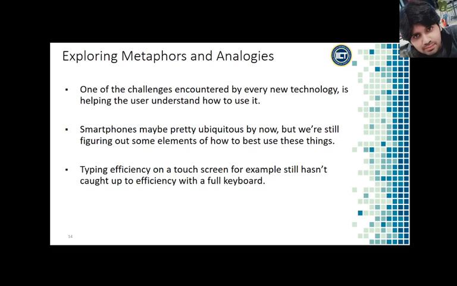So let's have a look at the exploration of metaphors and analogies. One of the challenges encountered by every new technology is helping the user understand how to use it. Smartphones may be pretty ubiquitous by now, but we are still figuring out some elements of how best to use these things. Typing efficiency on a touch screen, for example, still hasn't caught up to efficiency with a full keyboard.